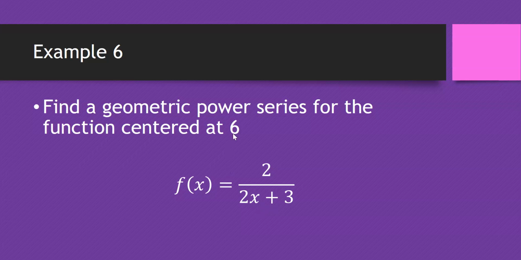All right, when I center this at, for instance, 6, if you want, try to push pause on the video and try to find the geometric power series for this function centered at 6.